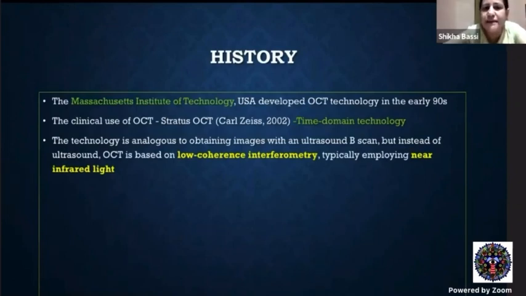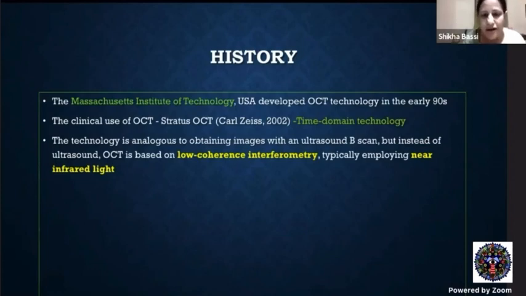It was developed by the MIT in United States in 1990, but its clinical use became prevalent with the arrival of Stratus OCT, which was developed by Carl Zeiss in 2002.